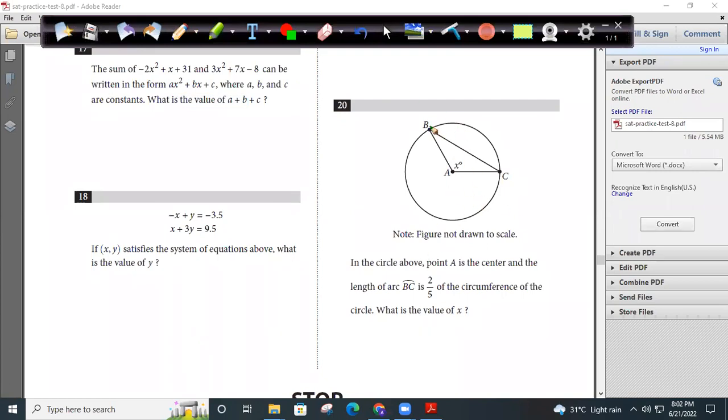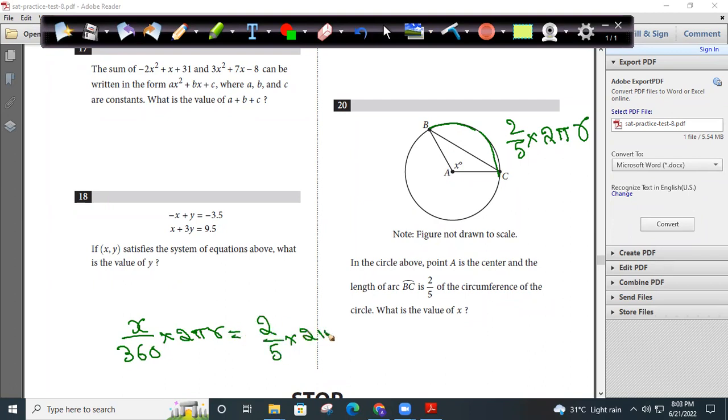So they give the length of the arc BC. What is the length of the arc BC? 2/5 of the circumference of the circle. What is the circumference of a circle? 2 pi r. So x by 360 into 2 pi r is the length of an arc. But what is the length of the arc? 2 by 5 into 2 pi r. 2 pi r cancels out. So x by 360 equals 2 by 5. How simple is this?